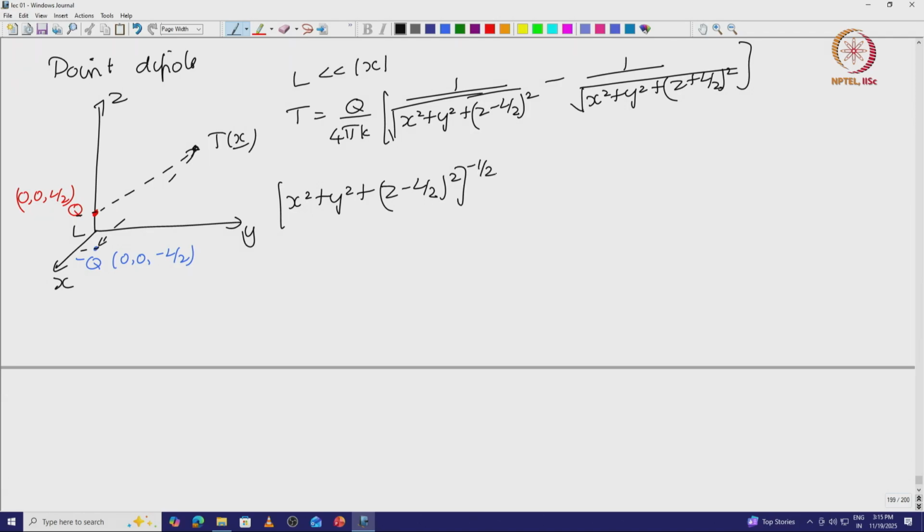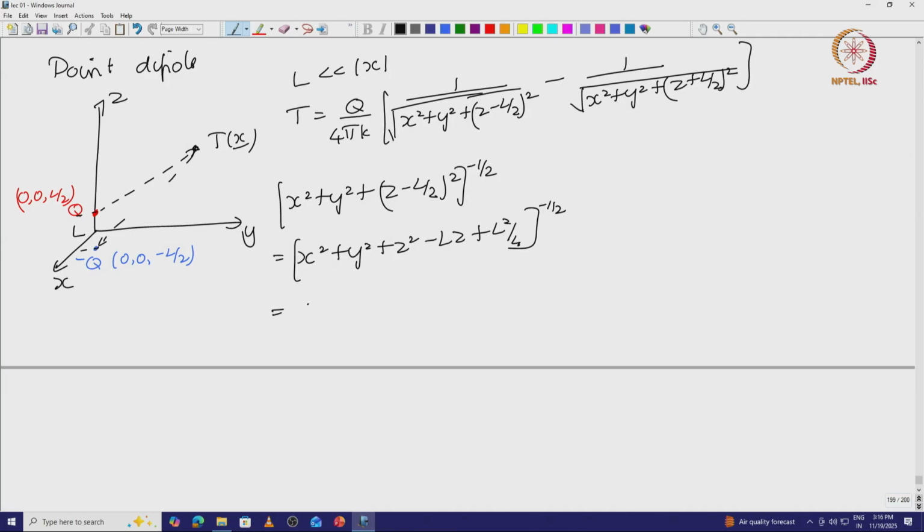This can be written as x square plus y square plus z square minus Lz plus L square by 4, whole to the minus half. And x square plus y square plus z square is just r square.